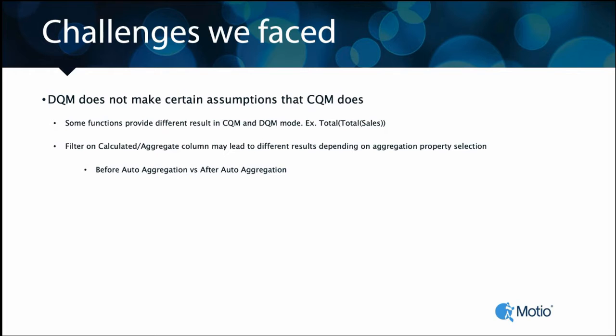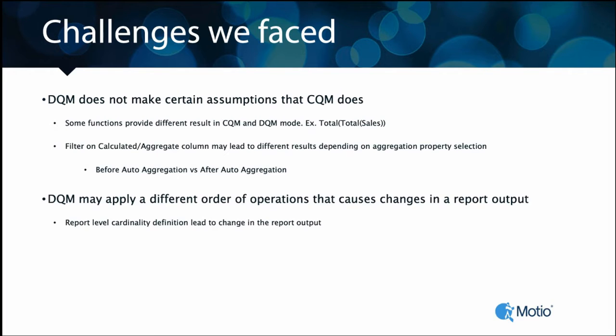We faced report output differences for other reasons as well. When you have a package defined in dynamic query mode, it applies a different order of operations that causes changes in report output.